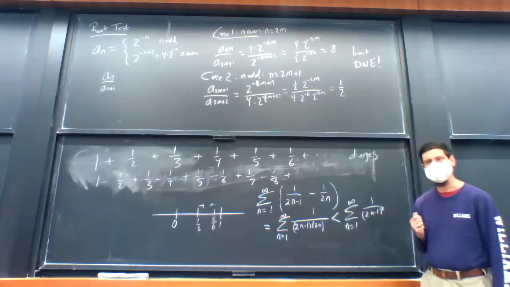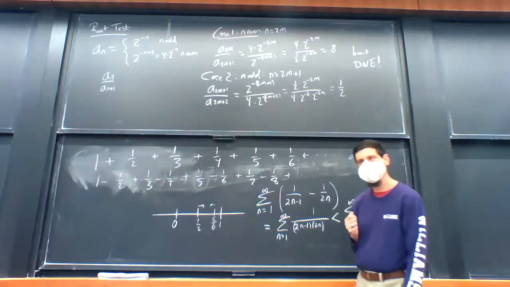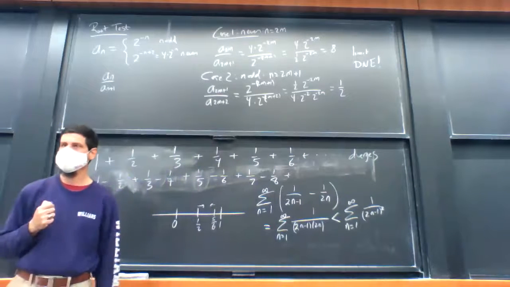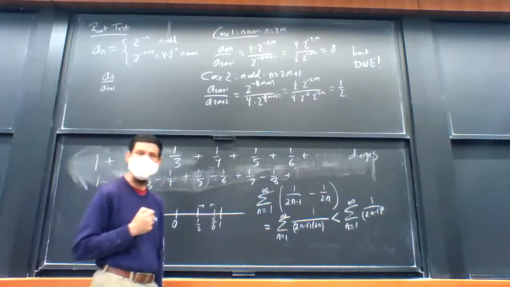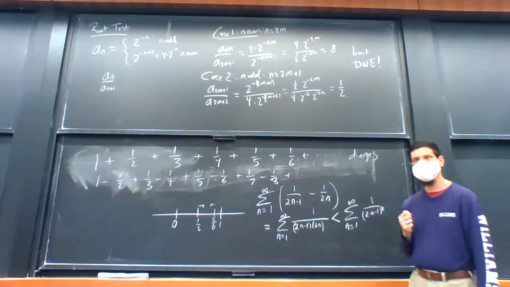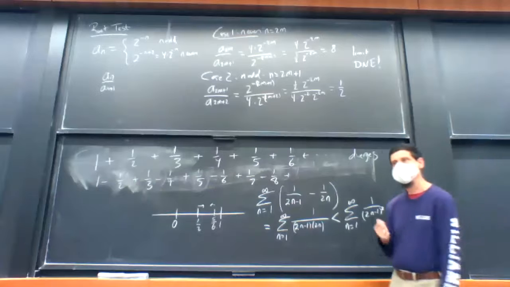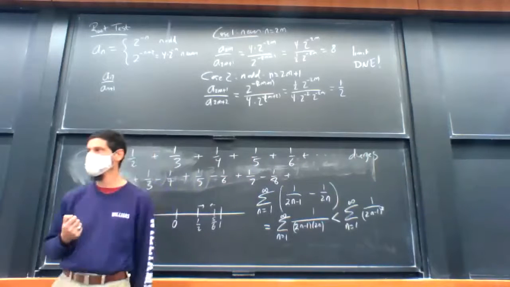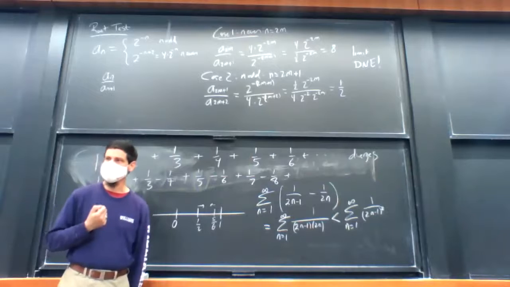What series does this kind of look like? Or maybe a subset of the series. We have 1, 1/3 squared, 1/5 squared, a 7th squared, a 9th squared, an 11th squared. What does that sound like?